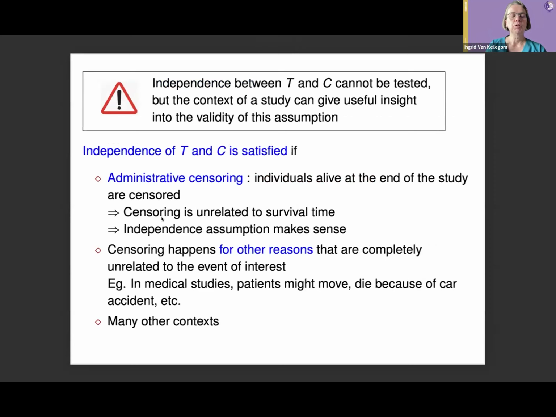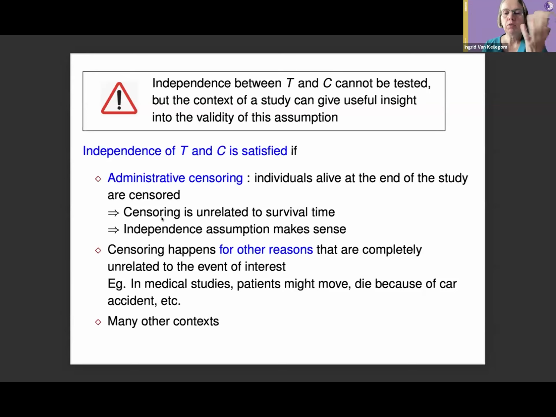And a very common situation in which independence between T and C makes sense is when you have censoring at the end of the study, which is called administrative censoring. So in that case, you might say that the fact that you reach the end of the study has nothing to do with your survival time, and so you have independent censoring.